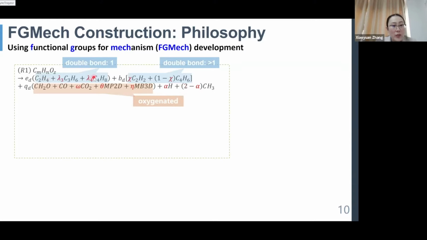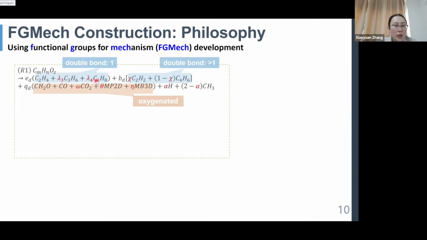The first group is for alkenes with one double bond. The second group is for the compounds with multiple double bonds. The third group is oxygenated species. If you consider hydrocarbon real fuel mixtures, QD should be 0. And the last part is for radicals.